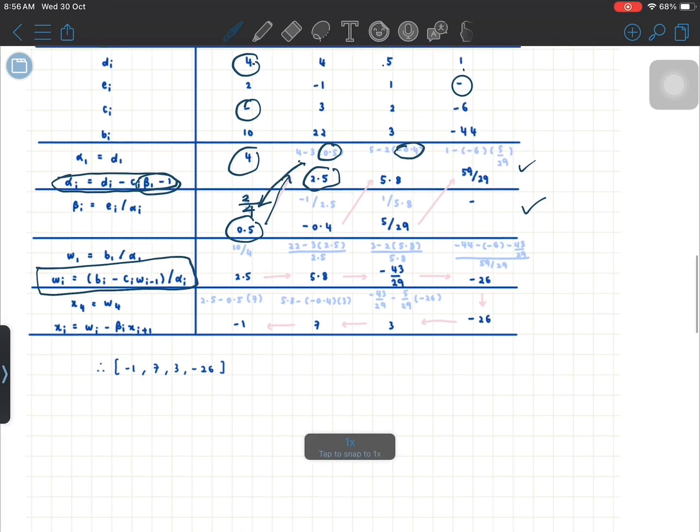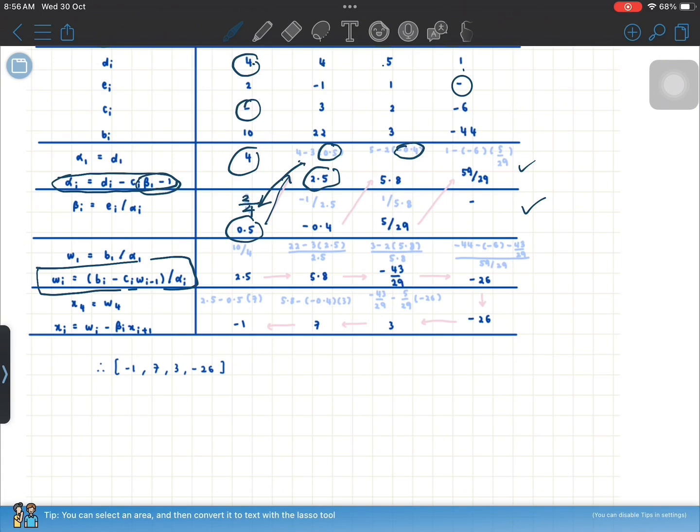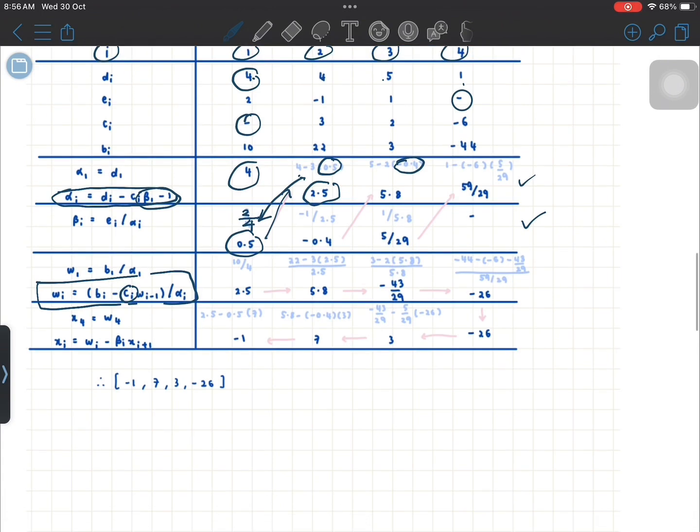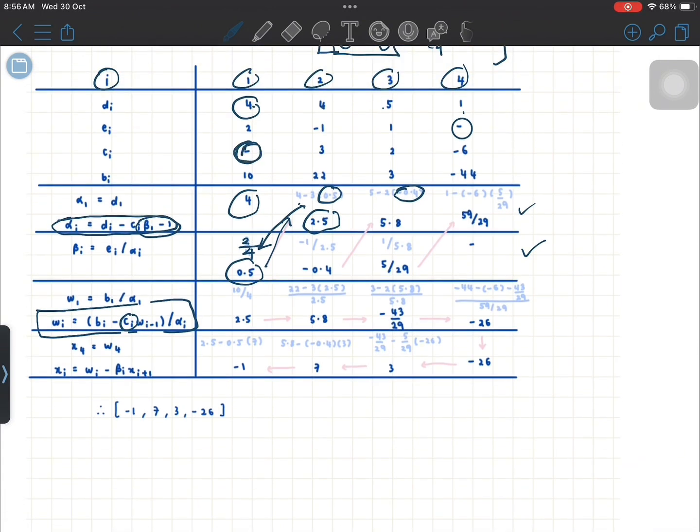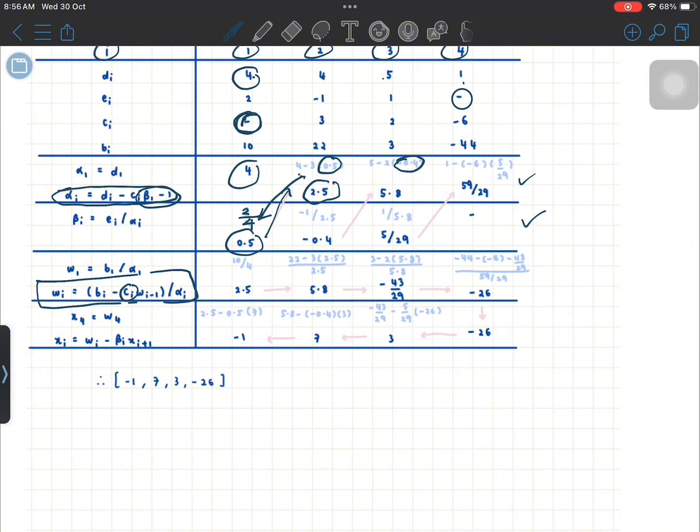For W1, we have to use the value of C1. Here, we don't have any C1 component, which we can represent as 0. Thus, W1 is B1 over alpha 1, where we get 10 over 4, which ends up being 2.5.